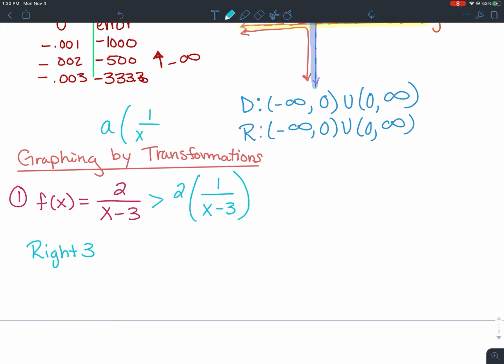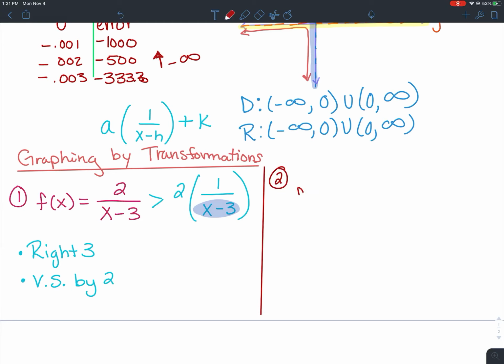Then we have x minus h, that is what's going to move it left and right. And then you would have a plus k on the outside. Now if there wasn't an A, then there wouldn't be parentheses, so the plus k would be on the very outside, not in the fraction. So this is going right 3 because of this right here. Minus 3 means right. And then it has a vertical stretch by 2.